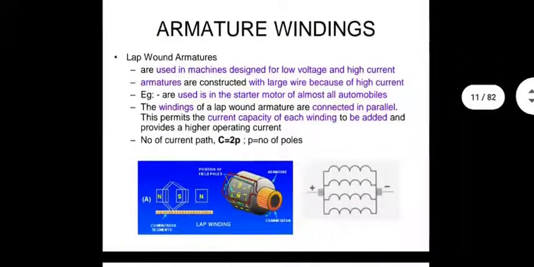Now, last time I told you that there are two types of armature windings possible: lap winding and wave winding. Lap winding is used for machines which are going to work with low voltages and high currents.